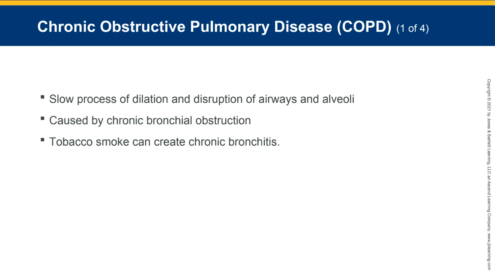Now, COPD has two issues. When a patient has COPD, they can have both, or one can be more dominant than the other. COPD can include chronic bronchitis, which is inflammation of the bronchi, or chronic emphysema, which affects the alveoli directly.